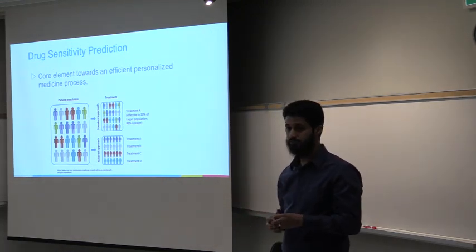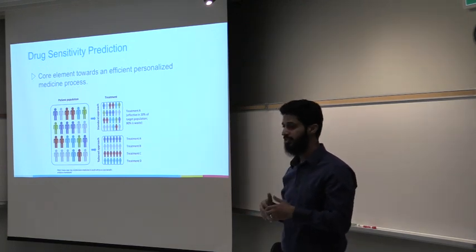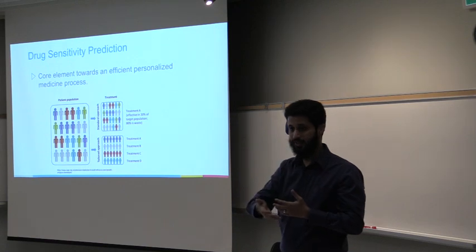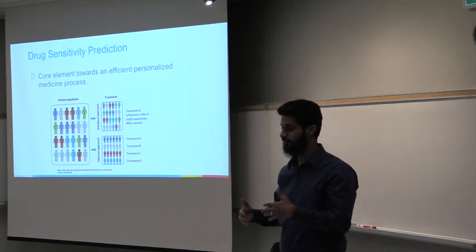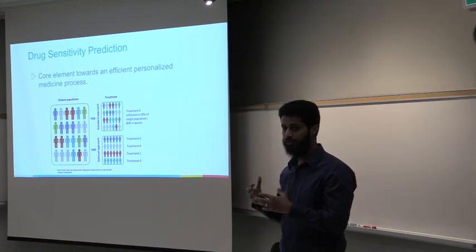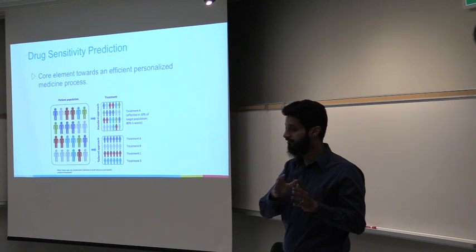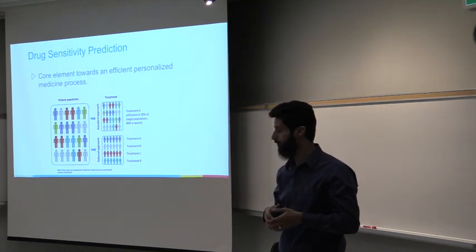There are many ways to do that. One of the ways is to build models that are specific to each treatment or each drug, that can tell us which patients are going to benefit from the drug and which patients are not. That kind of model can be used across different stages of the drug discovery process.